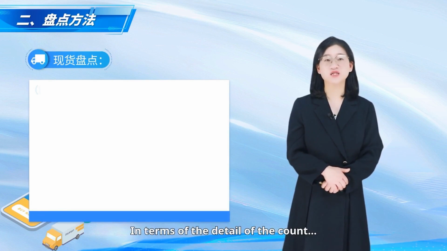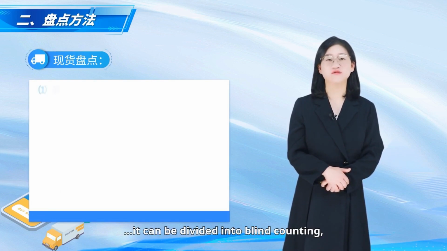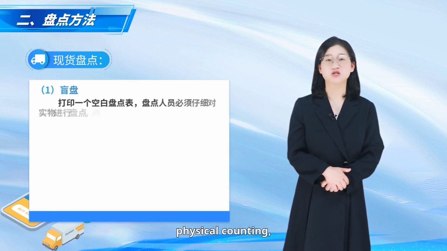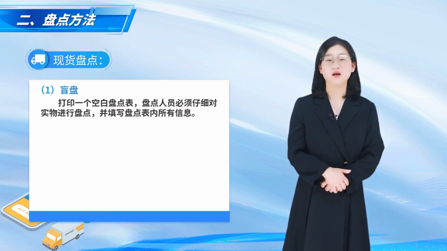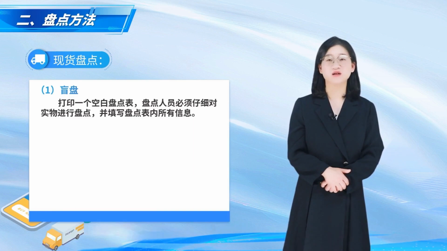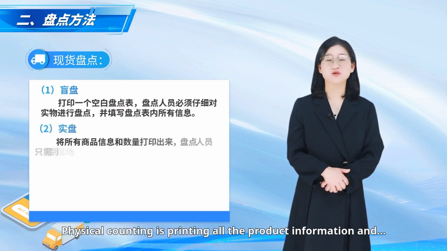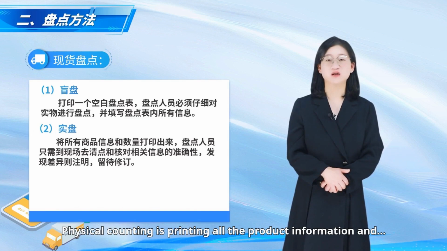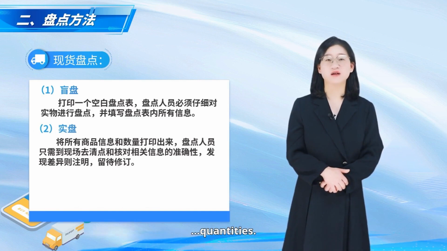In terms of the detail of the count, it can be divided into blind counting, physical counting, and composite counting. Blind counting is printing a blank form, where the counters must carefully inventory the physical items and fill in all the information on the inventory sheet. Physical counting is printing all the product information and quantities.